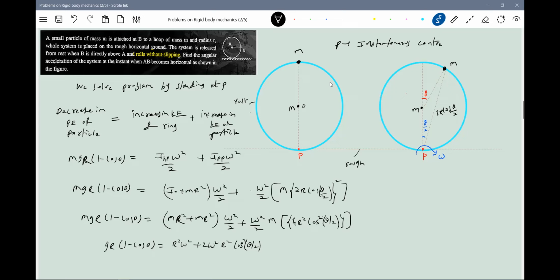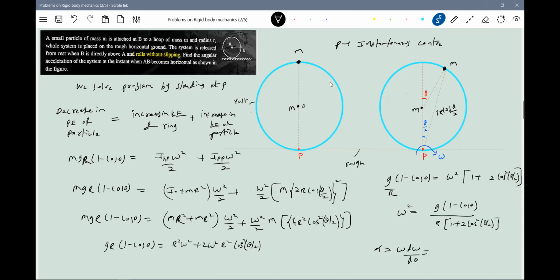Then from there I'll bring alpha. g into 1 minus cos theta, g by r. Omega square I'll take outside: 1 plus 2 cos square theta by 2. To get alpha, we are going to differentiate with respect to theta. Then put theta equal to 90 degrees.